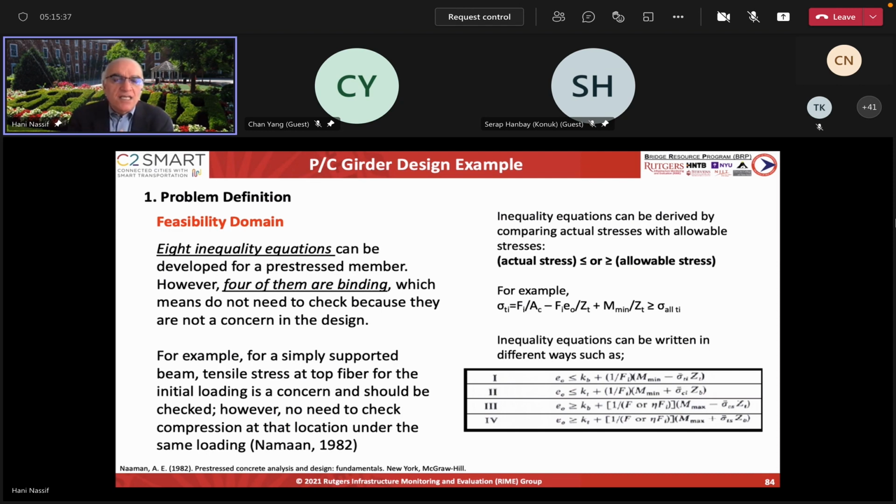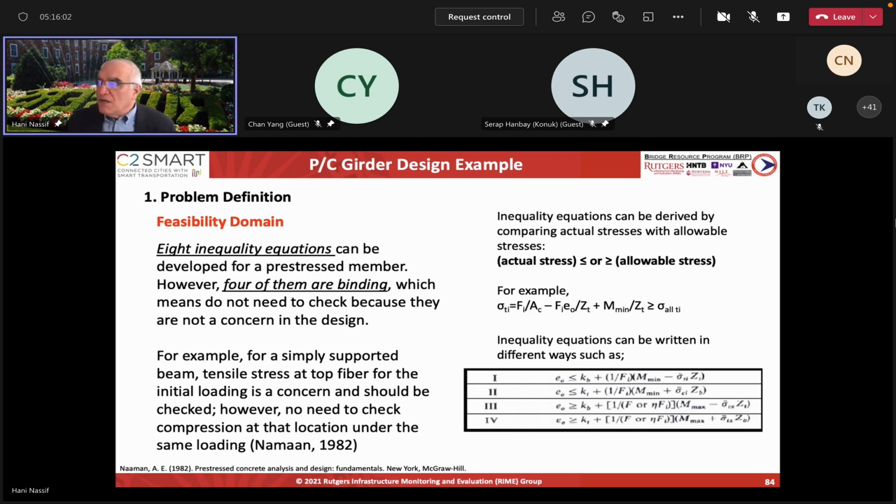So sizing the number of tendons based on the tension at service, most of the time it works because this is your main bottleneck, that you don't want to have it crack or have tension at service. So that could be your bottleneck. But sometimes if you put too much pre-stressing in the beginning, you might be cracking it in tension at the beginning.